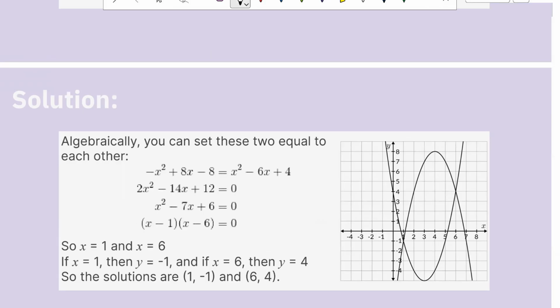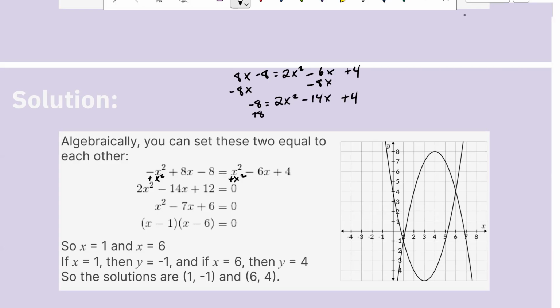So if we add this x squared over here and this x squared, now we have 8x minus 8 equals 2x squared minus 6x plus 4. If we continue, we're going to minus 8x and minus 8x. We get -8 equals 2x squared minus 14x plus 4.